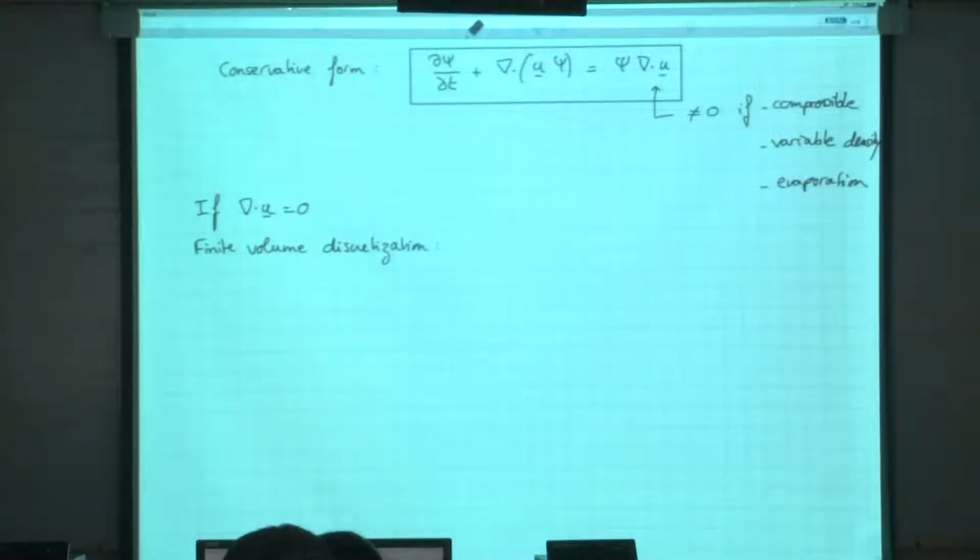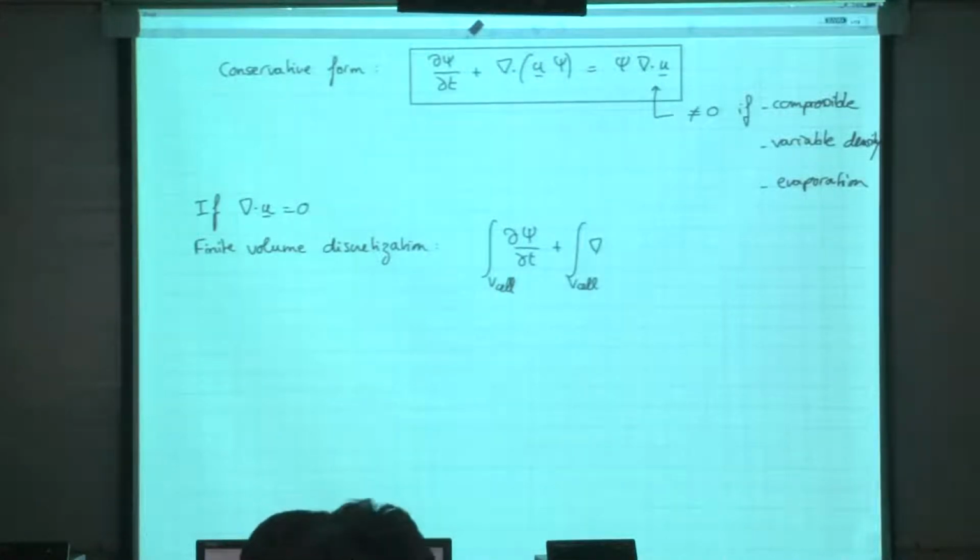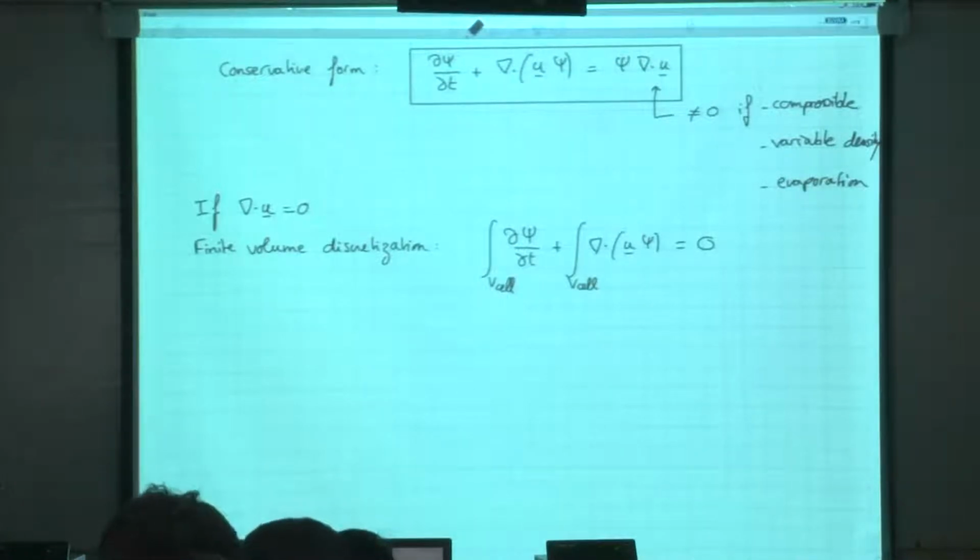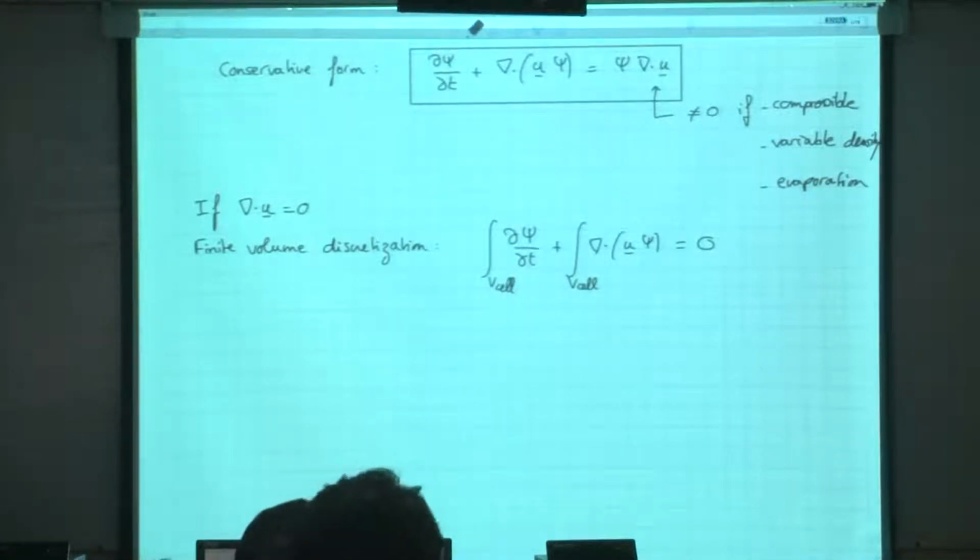The standard finite volume discretization involves integrating our equation over the cell volume, converting the divergence of our convective flux into the surface integral of those fluxes, so basically a summation of fluxes.